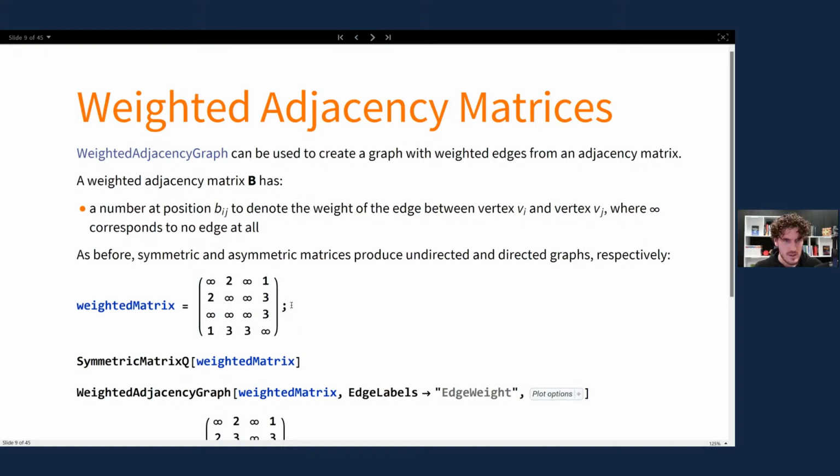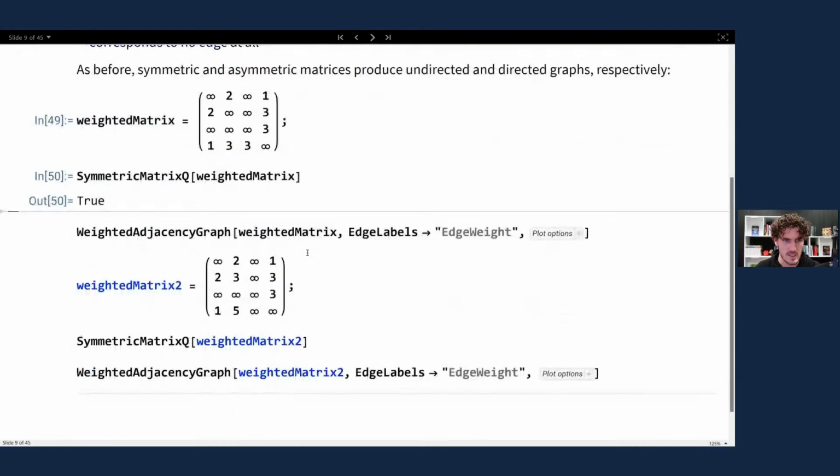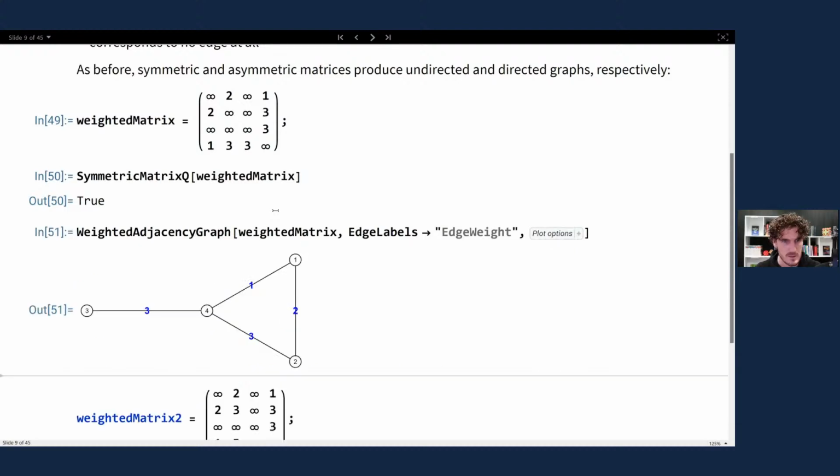So here we have our weighted matrix. As you can see, we have infinities along the main diagonal. Therefore, we have no nodes that are connected to themselves. Let's see if it's symmetric. Yes, it is. Again, one of those Q functions. Then let's have a weighted adjacency graph that uses this weighted matrix.